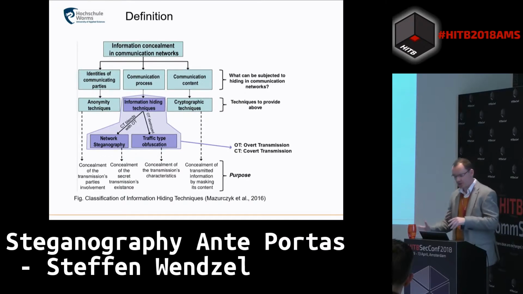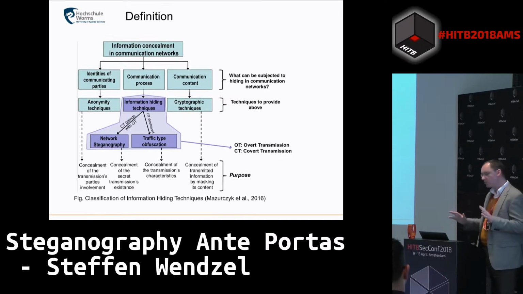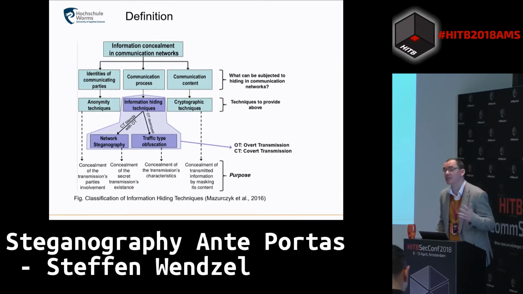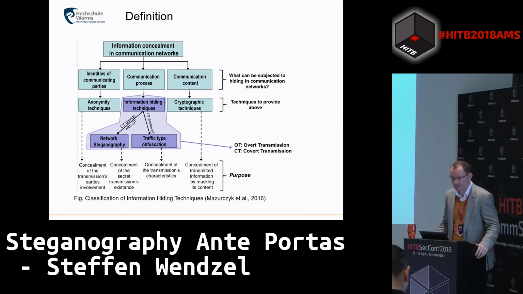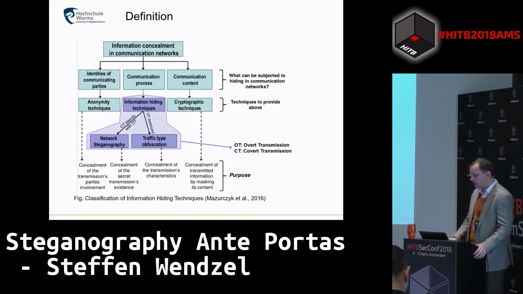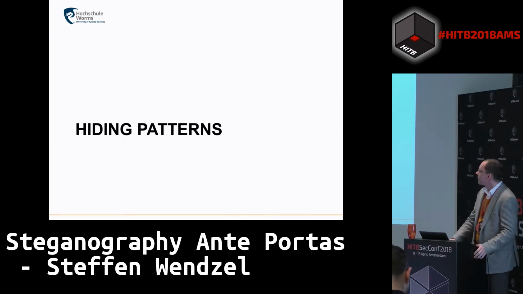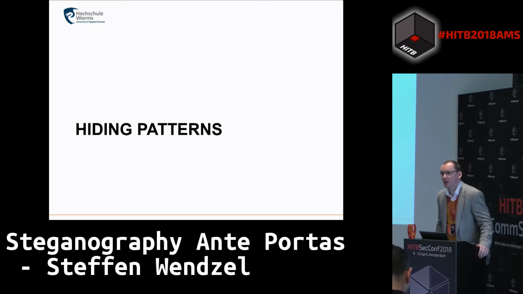That's called traffic obfuscation. So if we try to hide that the secret communication is taking place at all, then that's network steganography. And this is what the talk is also focusing on. So how can we describe the techniques that are used to transfer data over the network in a secret way?